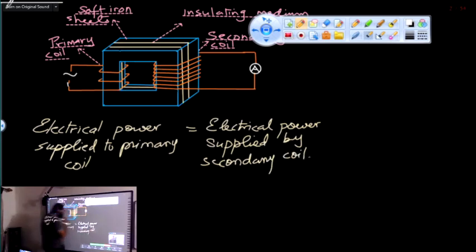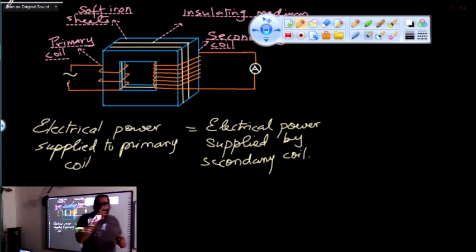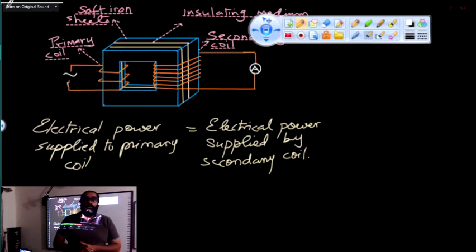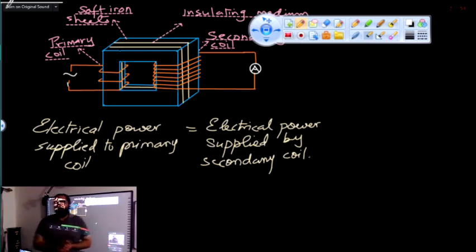This happens according to the principle of conservation of energy. Energy can neither be created nor be destroyed. That means we can neither produce energy nor destroy it. What we can do is just convert it. And if I talk about potential difference, then potential difference is basically electrical energy. Because how do we define potential difference?